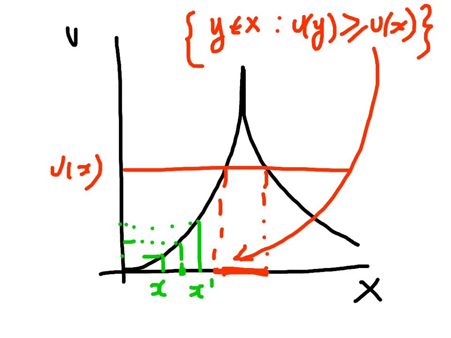And as it turns out, this combination bundle would have a utility here that might be lower than the linear combination of u of x and u of x prime, which would be found here, and that would be a little bit higher, perhaps. So this function is not concave, right, but it is quasi-concave.